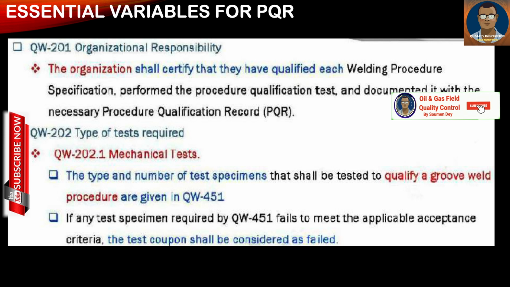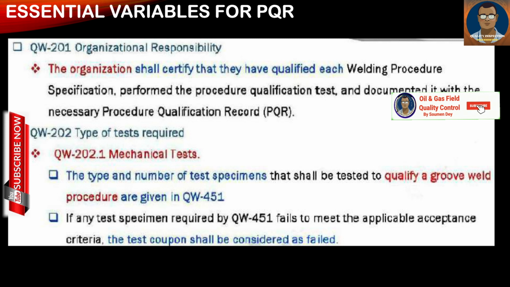QW201 is organizational responsibility. The organization shall certify that they have qualified each welding procedure specification, performed the procedure qualification test and documented it with the necessary procedure qualification record or PQR. QW202, the type of test required, is mechanical test.